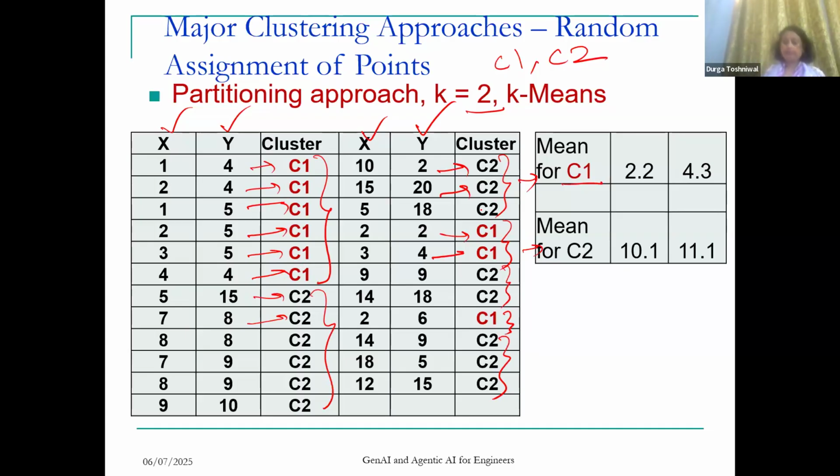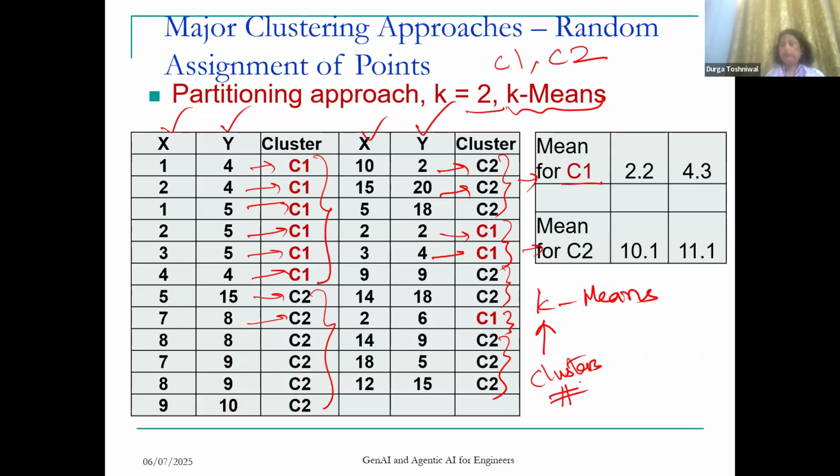Now, before we go into more details, I would like to point out the name of k-means. The name itself is indicative of how this clustering is done. K is a value which indicates the number of clusters, and it's an input to the process.